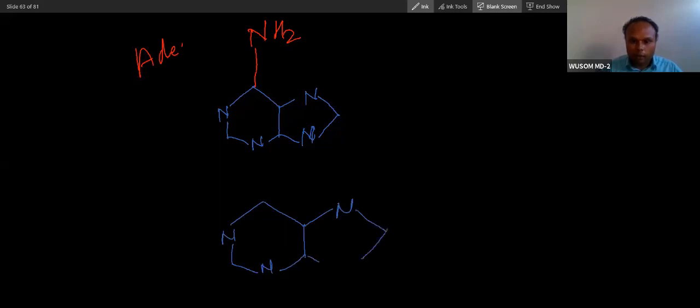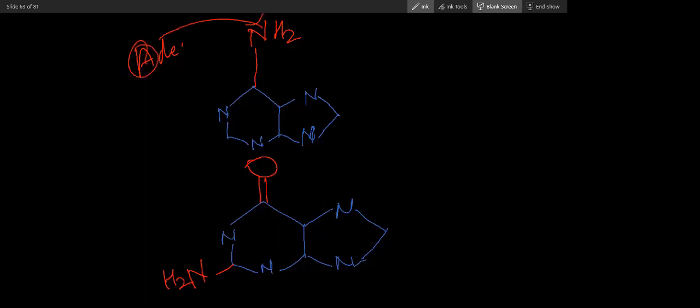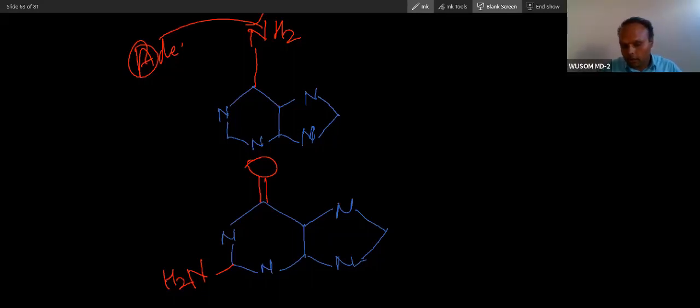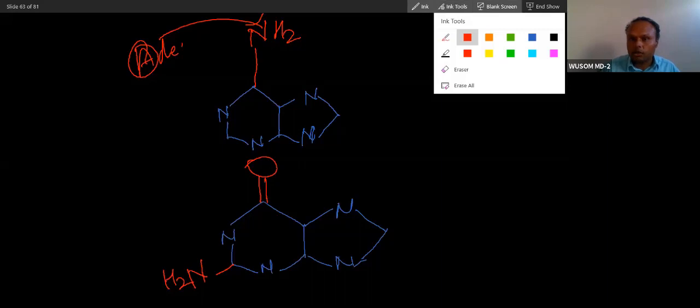Guanine will have an oxo group here. But guanine, you will also see an amino group here. Guanine actually has both groups, but at carbon 6, in place of the amino in adenine, guanine has the oxo group. Yes, you have to remember. I don't want a very fine sketch, just remember this group. Guanine has the amino group at 2 and the opposite of adenine at 6. It will be very helpful.